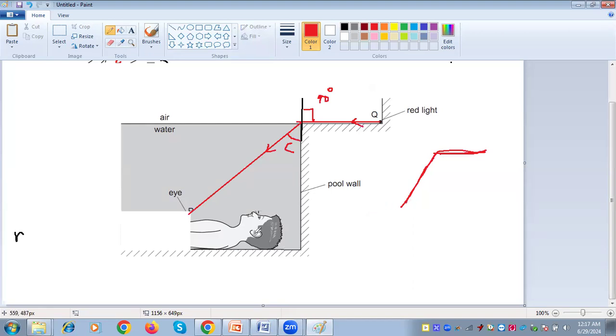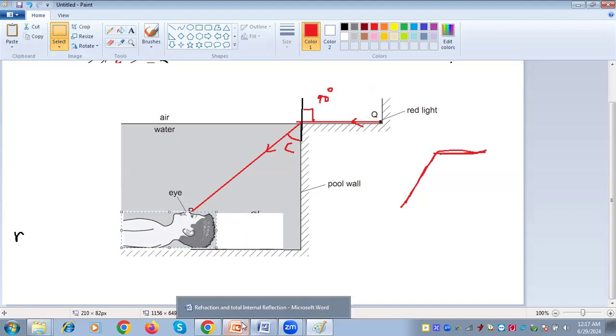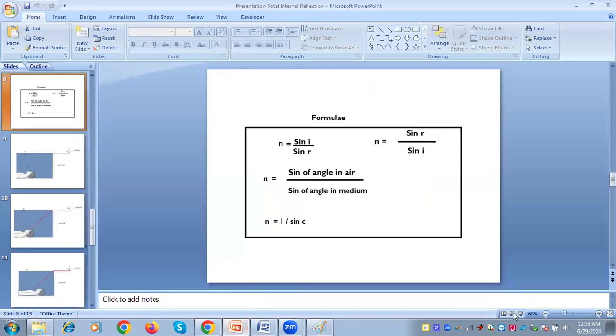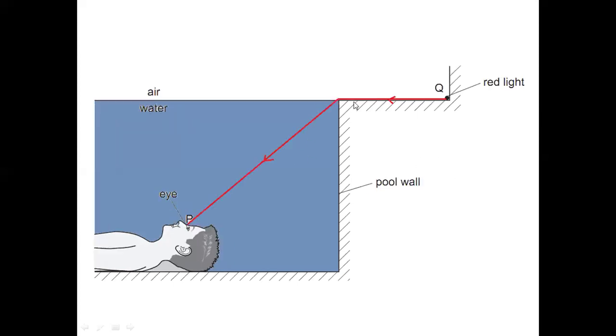So it means in order to see the light, the boy has to be at this point. At what point should the boy be? The boy should be here at this point to see the light. Okay, so this was the question. The diagram is drawn here and the ray which enters.